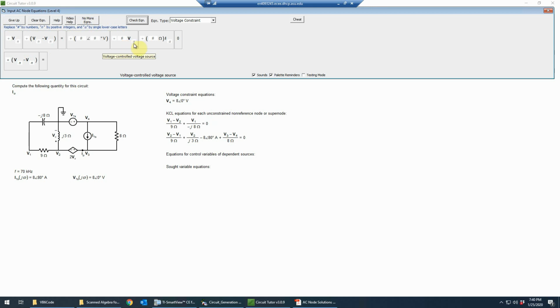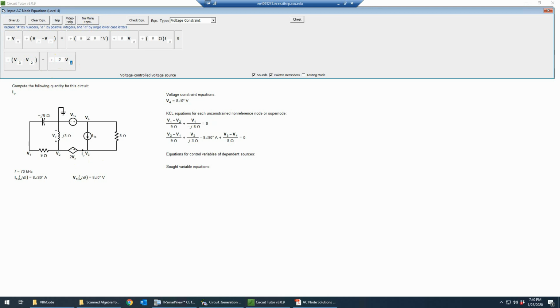Remember, the alpha stands for any alphabetical character, like an X, for example, and the number sign indicates you're going to put a number there. The positive side here is V3, the negative side is connected to V2, so that should be V3 minus V2, and that will equal the value of the source, which is just that 2Vx.